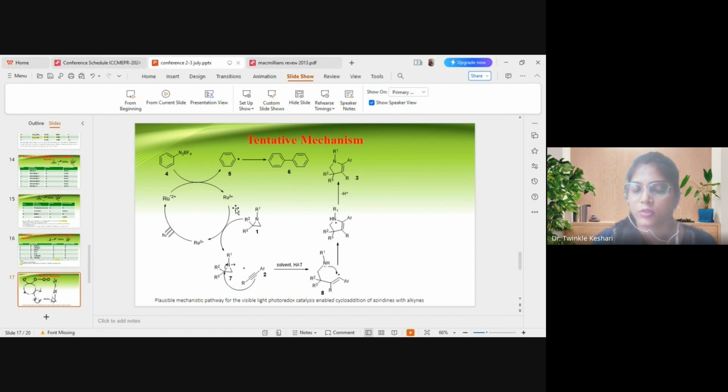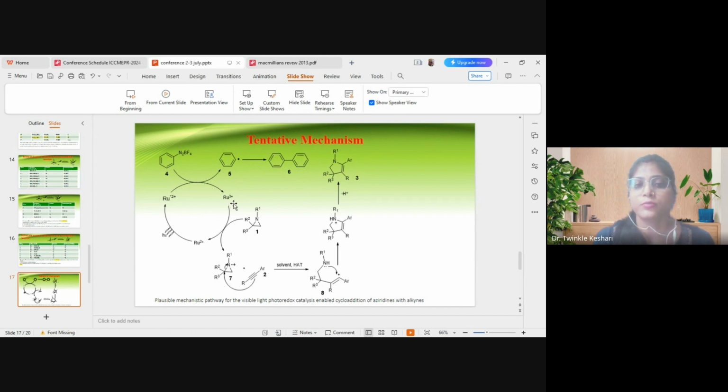Earlier I was telling that the photocatalyst reaction mechanism goes through either an oxidative photoquenching cycle or a reductive photoquenching cycle. So this one is an oxidative quenching cycle. Ruthenium here is oxidized by the phenyl diazonium salt, which itself undergoes dimerization to produce a biphenyl compound.